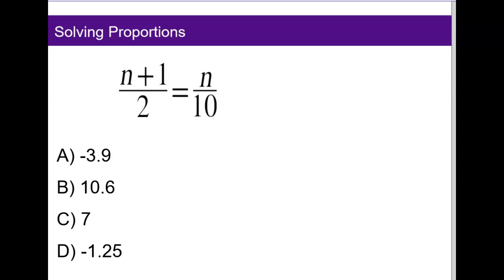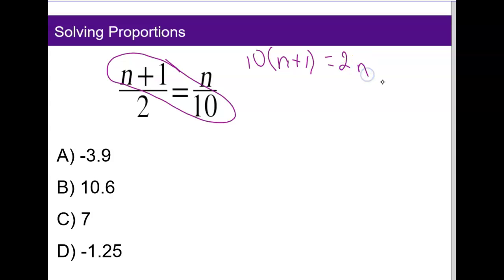All right, here's one for you to try on your own. Take the cross products of your proportion here. 10 times this quantity, n plus 1. That's going to be equal to 2n. And now distribute. 10 times the quantity n plus 1 is 10n plus 10 equals 2n.